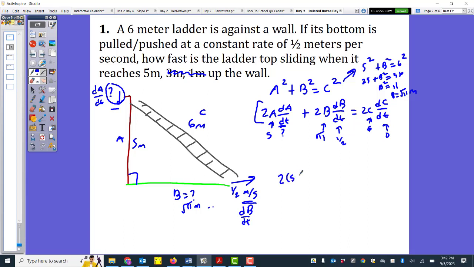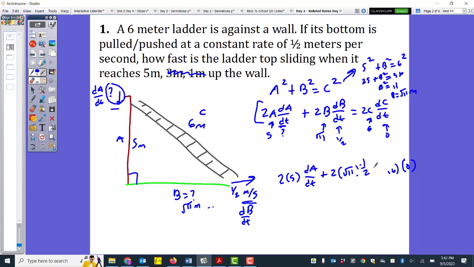We have 2 times 5 dA over dt plus 2 times root 11 dB over dt equals 2 times 6 times 0. So that's just going to be 0. And now we're going to solve to get, dB over dt we know as well. So let's go ahead and get that.